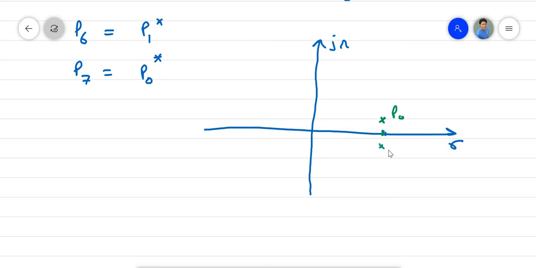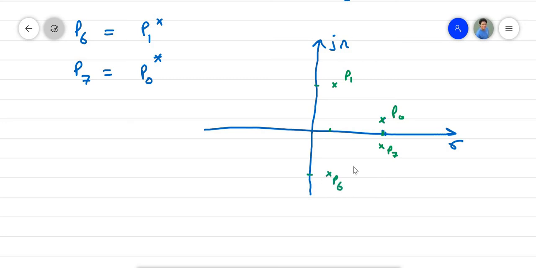Here lies P7, the complex conjugate of P0. Now from P0 onwards, P1 is 0.383 in the real part, which will lie somewhere here, but its imaginary component is 0.924. So it will lie somewhere here. So it is P1, and at the opposite end of this, here we will get the value of P6.